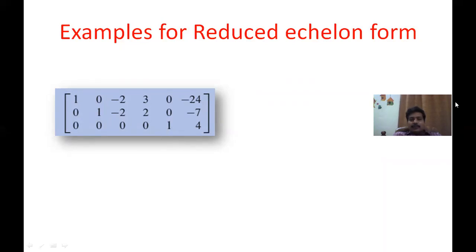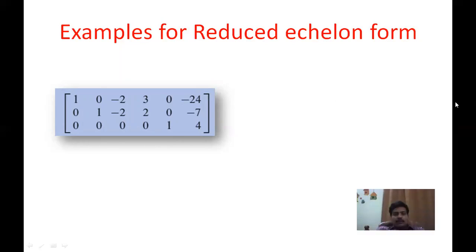So it is in reduced echelon form. Here you can have any number, any scalar. There are no conditions on this column, since there is no leading entry here. So actually these columns are called pivot columns. We'll look into it a little later.